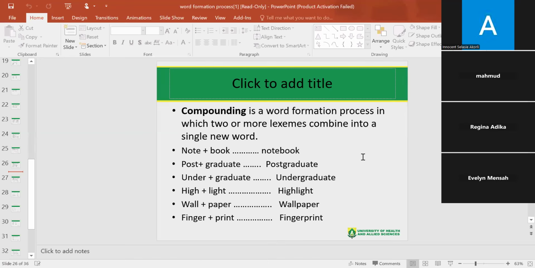Greenhouse in this context means depletion of the ozone layer or that kind of thing. So it is not always the case that compounds derive their meaning from the original words. So compound simply means putting two full words together. You pick the whole word as it is and put them side by side. Then they form a new word.